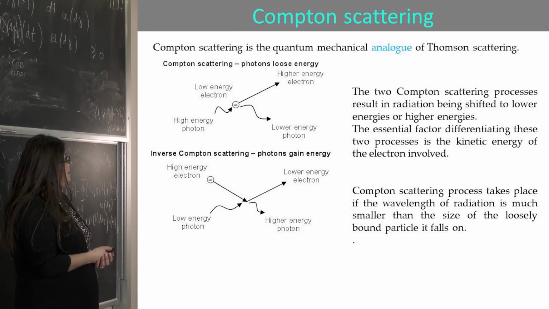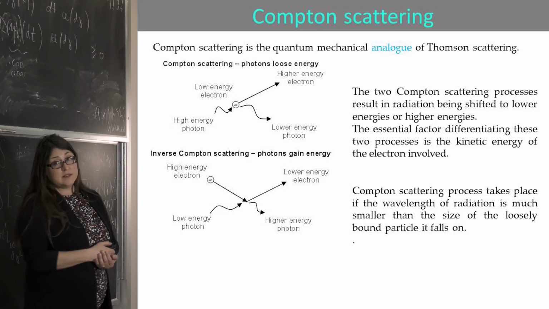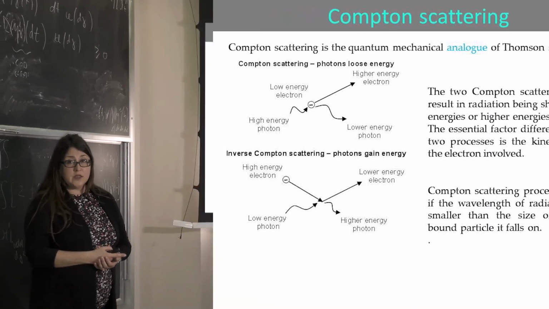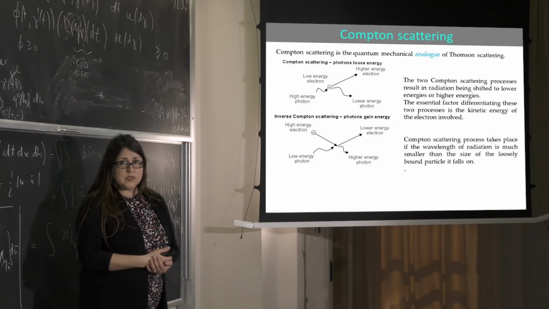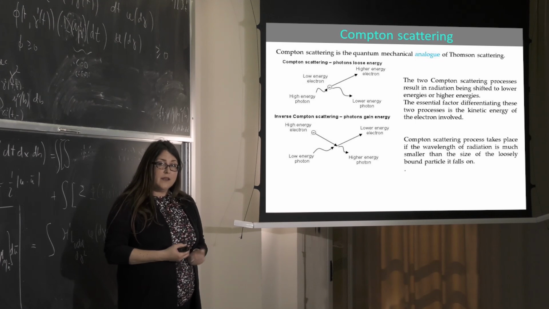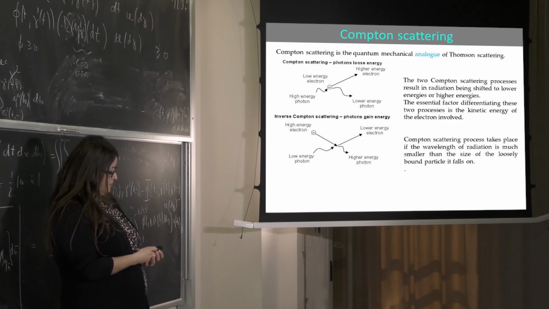Compton scattering results in two different processes. The direct scattering, in which the photons lose energy when they interact with the electron, and the inverse Compton scattering, in which, on the contrary, the photons are gaining energy in the interaction with the electron.